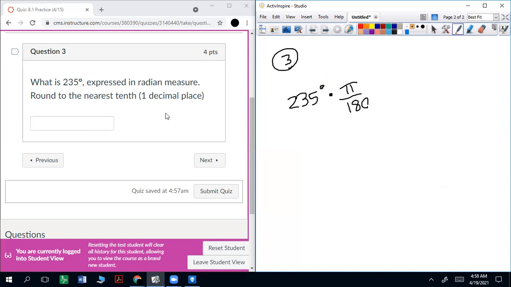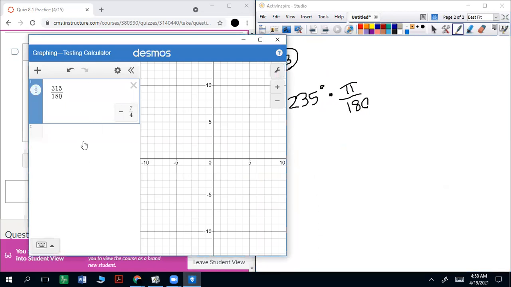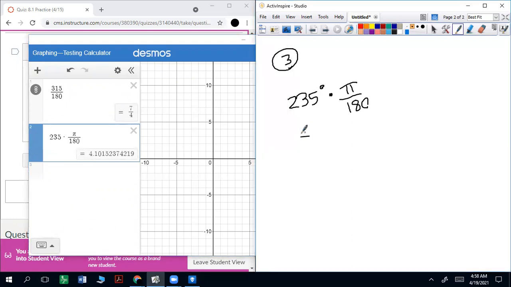In this case, since we have it in decimal form, we're going to put it all in the calculator. And this time we want to actually write the whole decimal, so 4.1 to the nearest tenth. So 4.1 would be your answer.